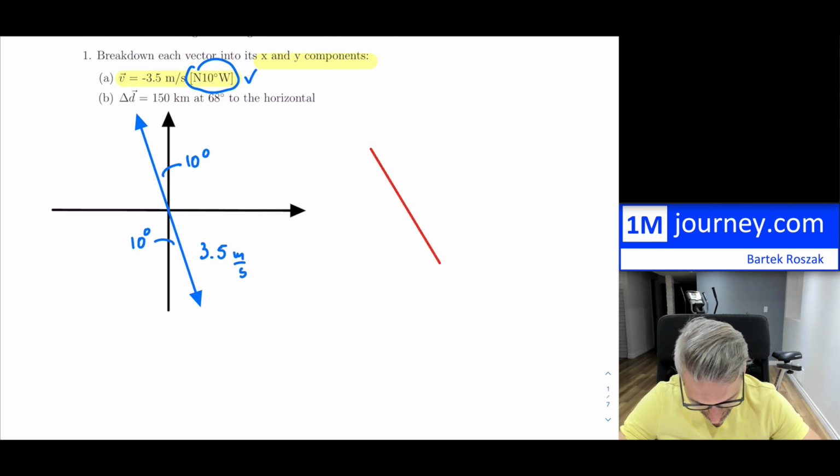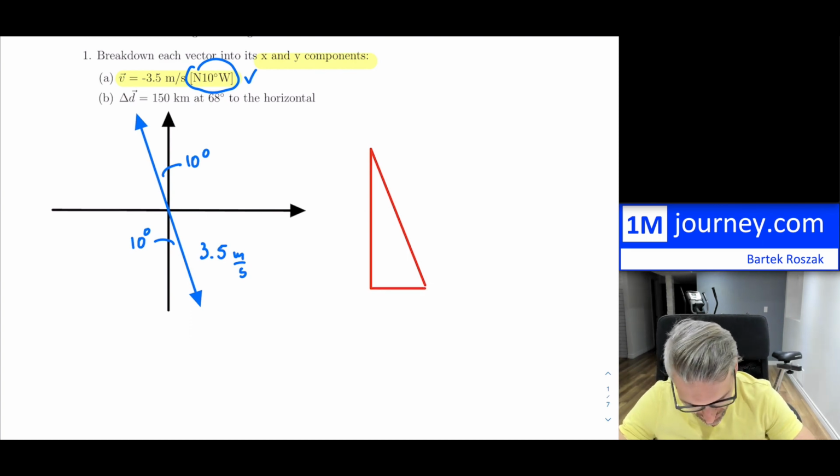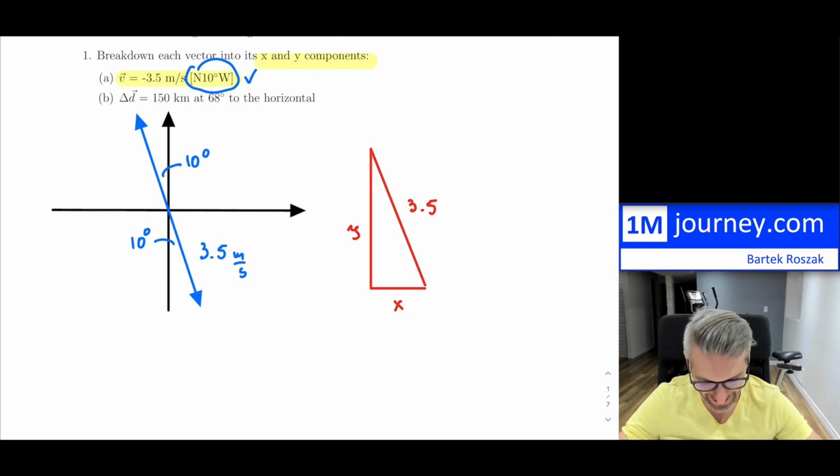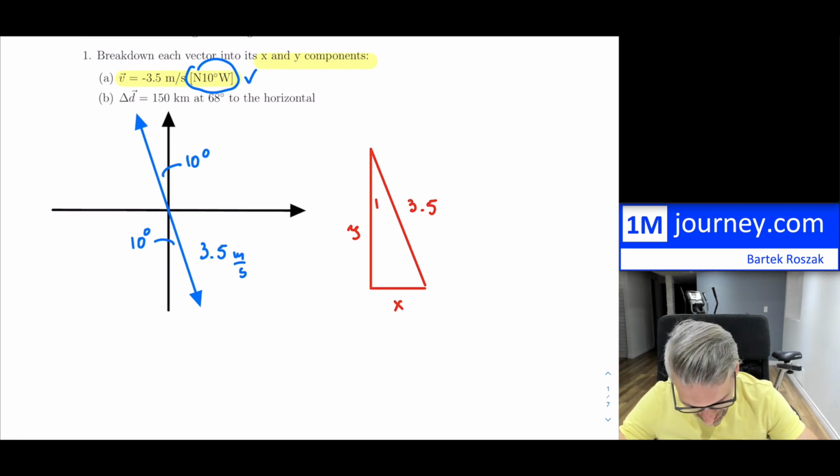This is my angle right there, 10 degrees. The hypotenuse is 3.5, and this would be my x component and this would be my y component of that velocity.